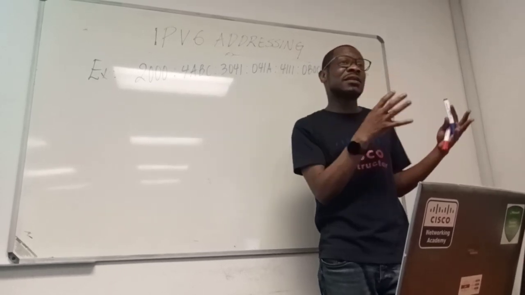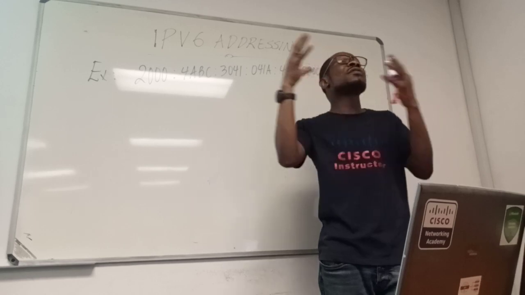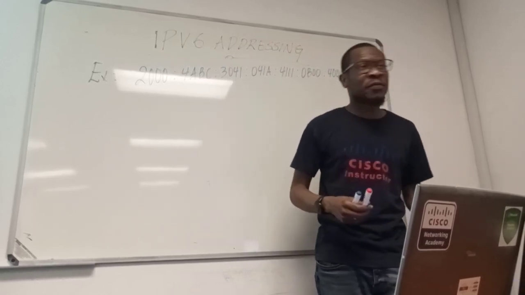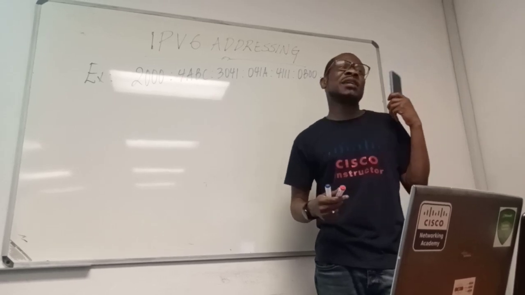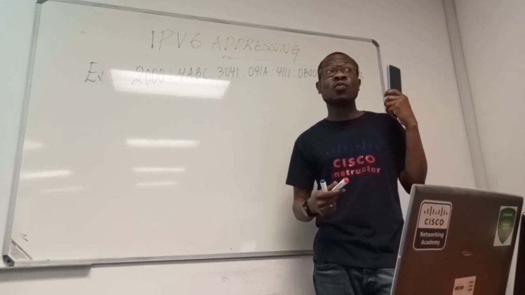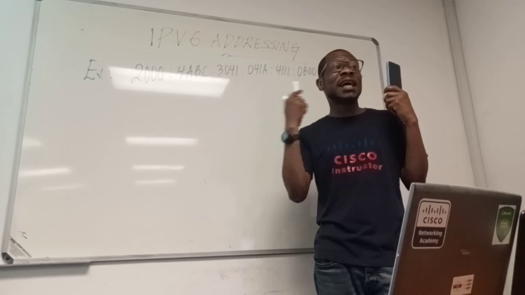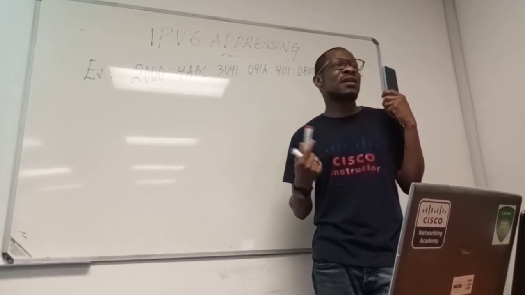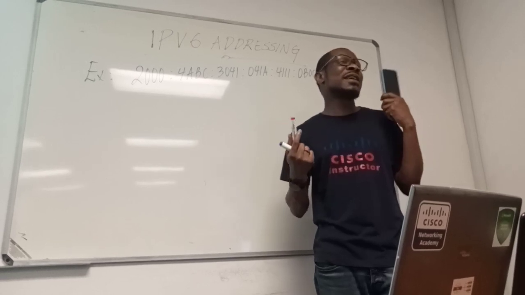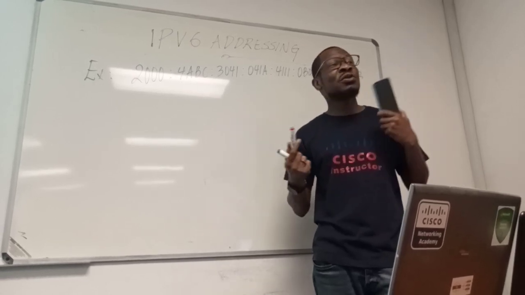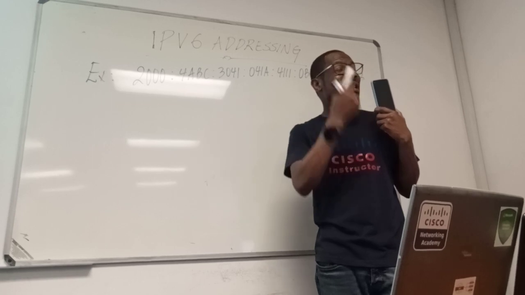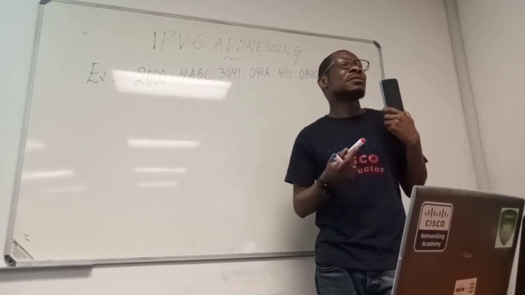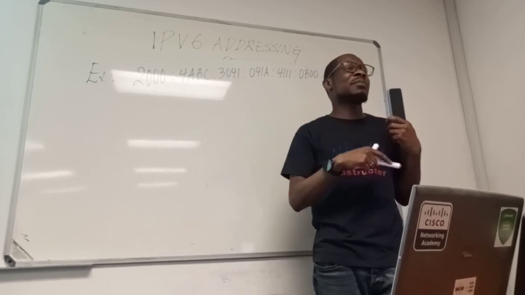The host is the device part. So when I have my phone here, my phone can have an IP address. That IP address will show the network part and the host part. But if I never did this advanced networking, I wouldn't know. I would just see a number. But you are going to identify, no, this is the family name and this is my owner name. So network part and the device part.